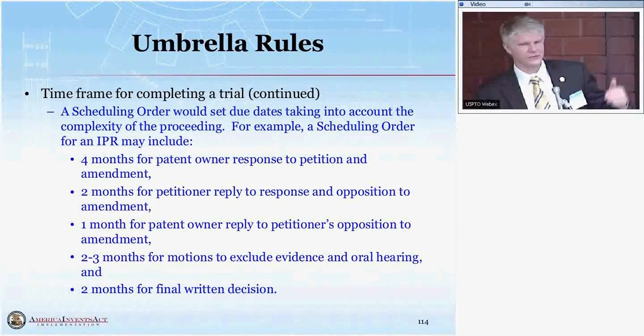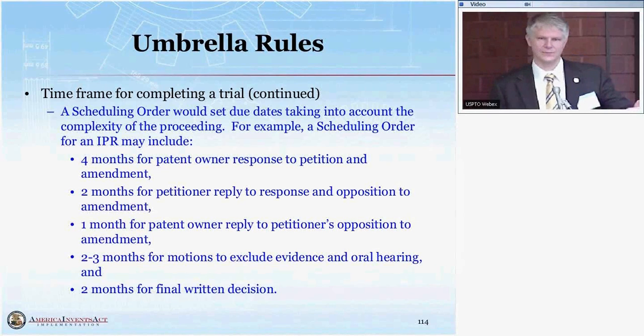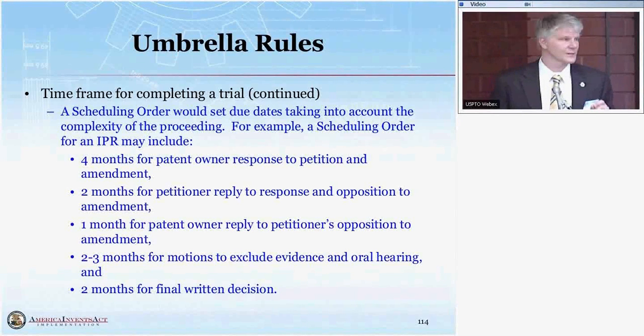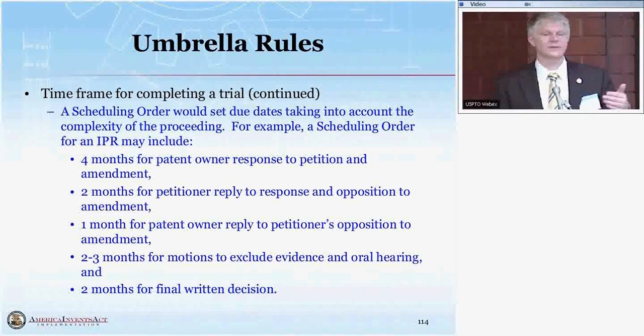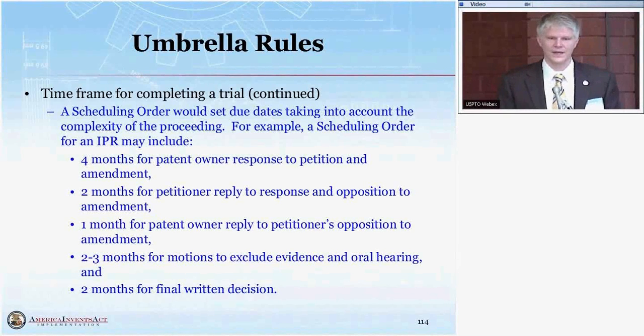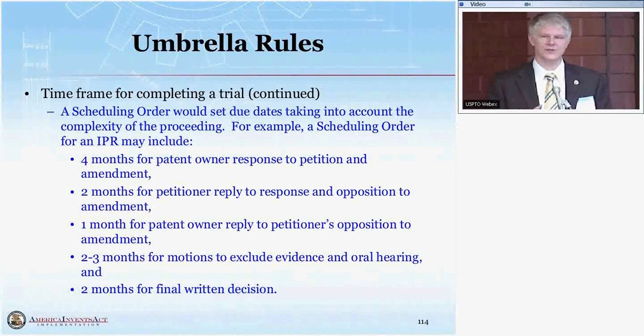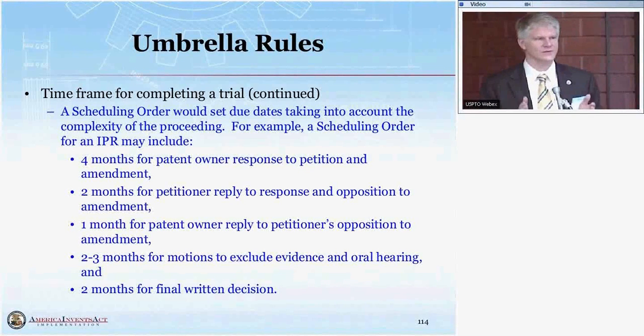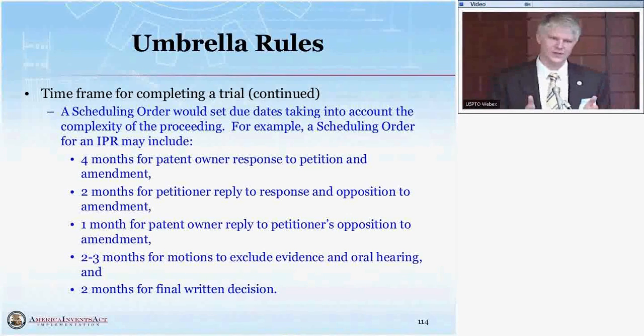And at the 4 month mark, you're really at the 6 to 9 month mark. The important thing to remember, and we'll talk about discovery, is this will be after the patent owner has had a chance to do the cross-examination of the petitioner's witnesses. Because we want the patent owner to have as much information as possible when they file their amendment. So watch how we've done this. Petitioners only petition on those claims needing to be challenged.